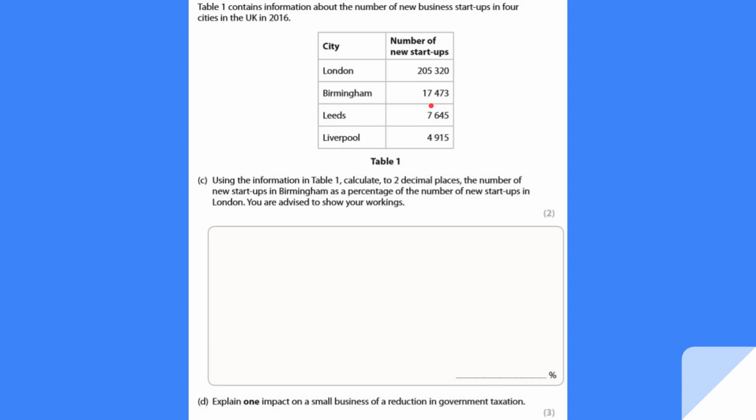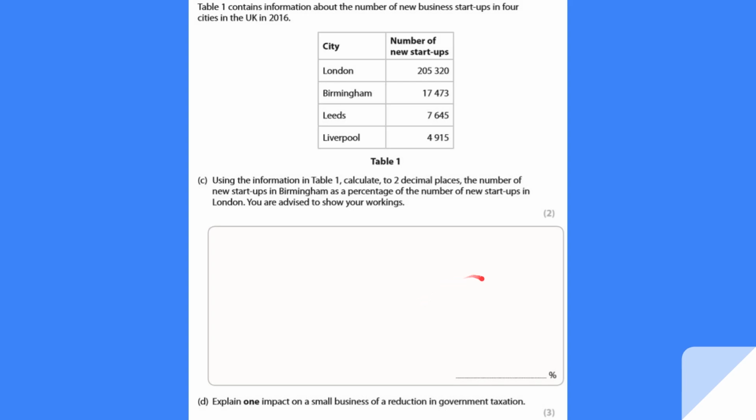All we've got to do, very similar to the last one we just looked at, is 17,473, which is our Birmingham total, divided by 205,320, and then of course you've got to multiply it by 100 to get the percentage. You can see it's going to be 8.51% there. So put the answer in down at the bottom.